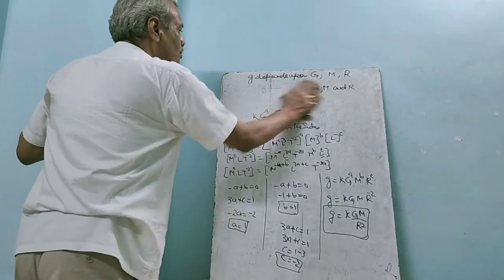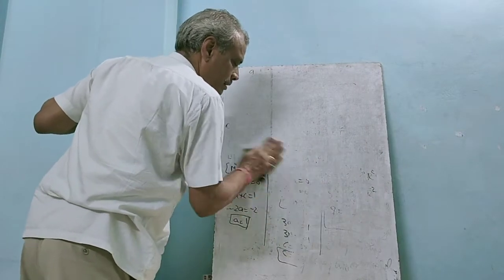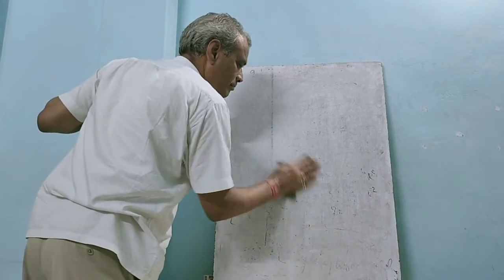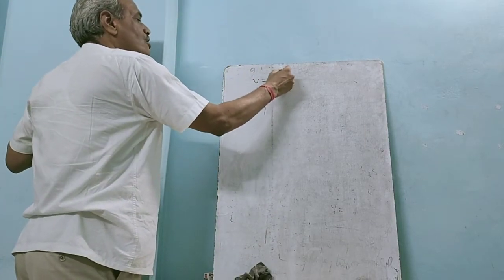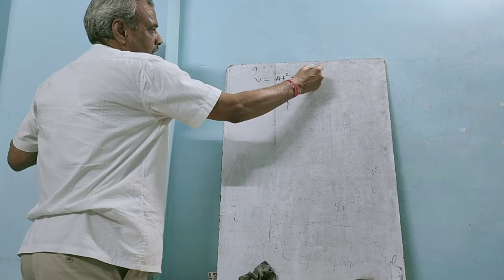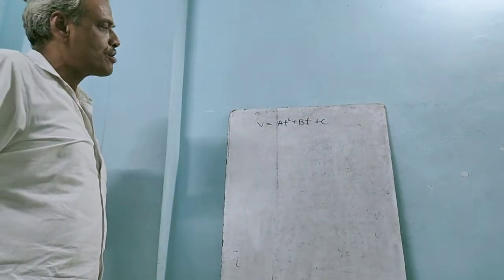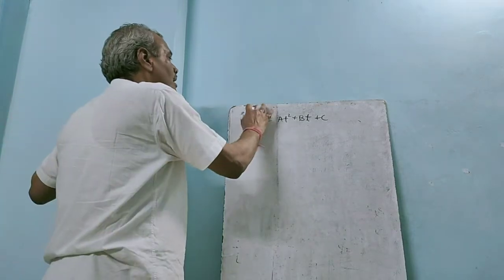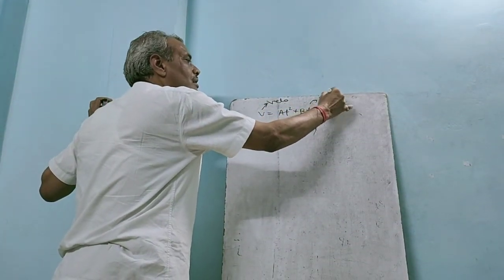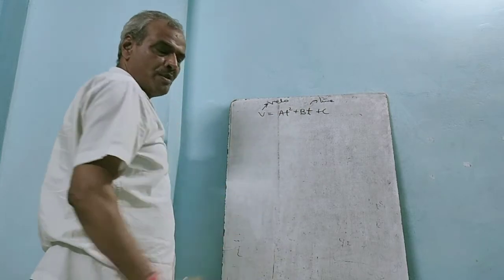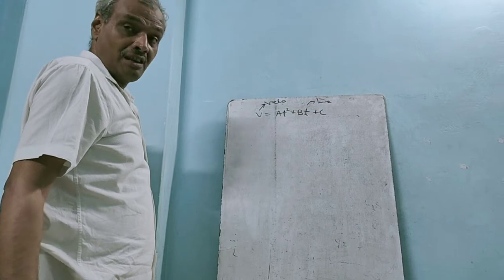Yes, one more small numerical. See, v equals a t square plus bt plus c. We have to find the dimensions of A, B, C, where v is velocity and t is time. Now see, according to the principle of dimensions, the dimensions of added and subtracted quantities are the same.